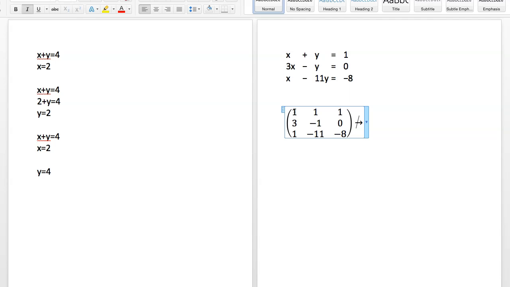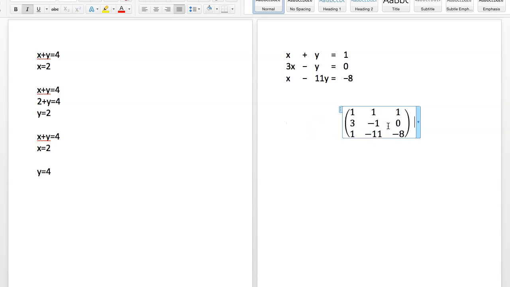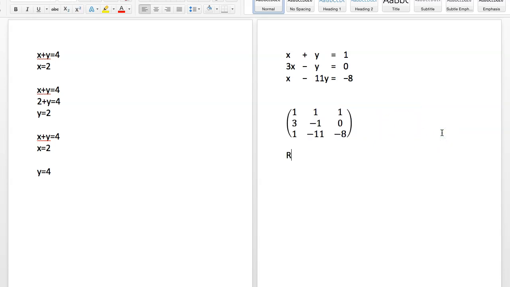What if I do row 2? No, that's too much. I'm afraid the equation editor is bad to freeze. But obviously I could do row 1 minus row 3, right? Well, no. Let me do this. Row 1 minus row 3, and I want to put that in row 3.